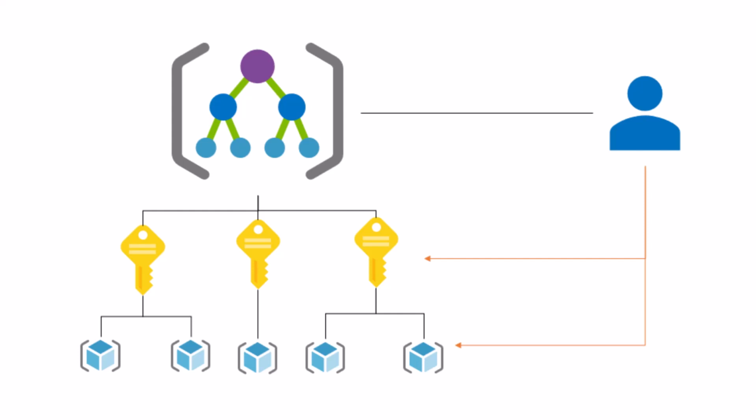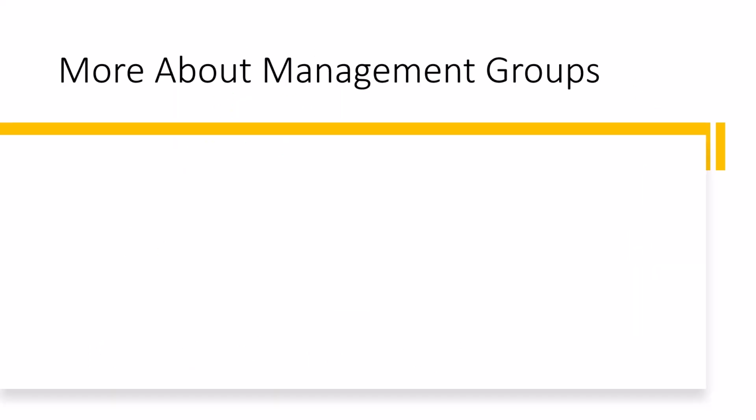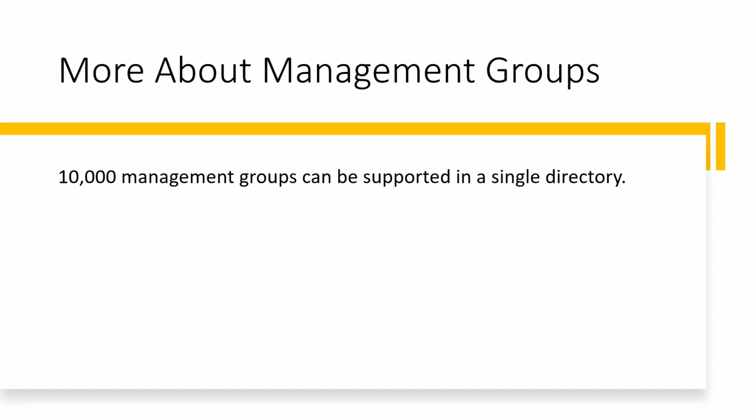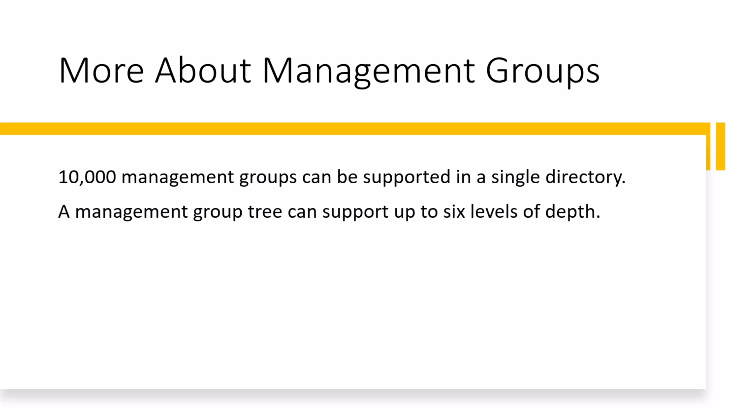Now, there are some key things to remember when discussing management groups. For example, there is a maximum of 10,000 management groups that can be supported within a single directory. I should also mention that a management group tree can support up to 6 levels of depth.